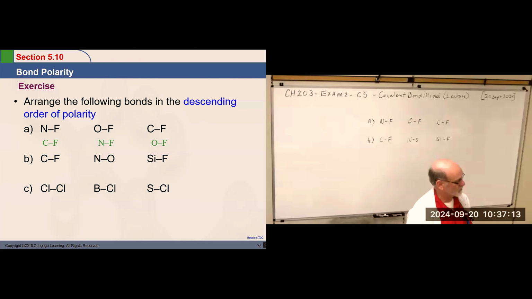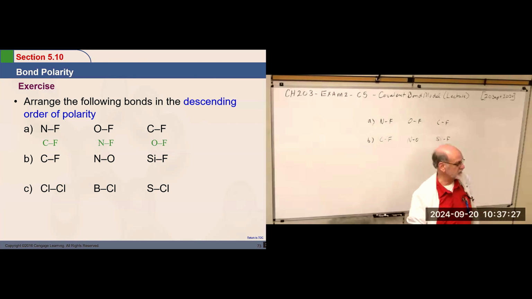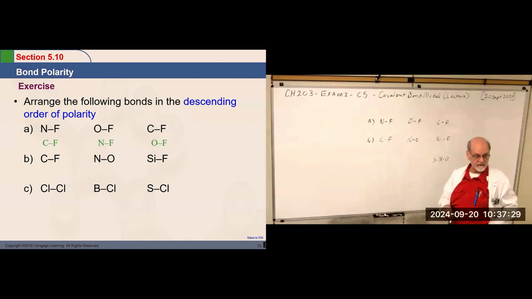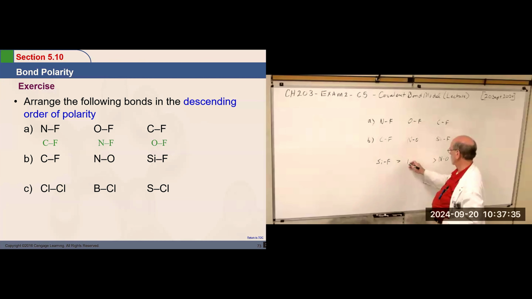Nitrogen and oxygen are right next door. Silicon and fluorine are pretty far apart. So nitrogen and oxygen should be the least. Right? And the greatest would be the furthest apart. Silicon and fluorine are farther apart than any of the others. And that leaves nitrogen and oxygen in the middle, right?